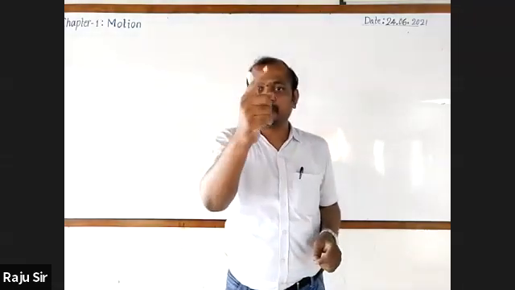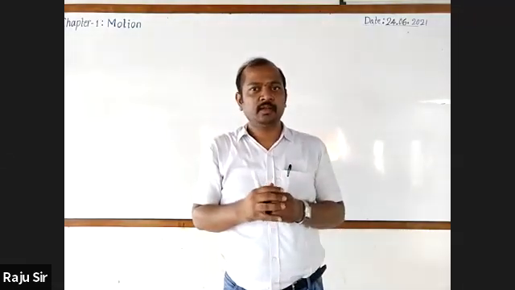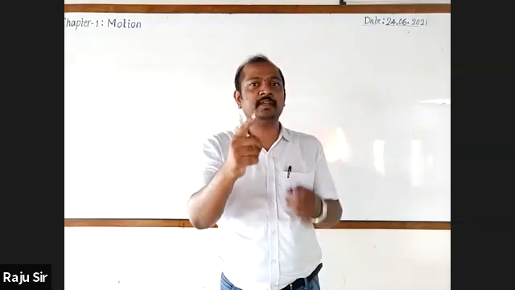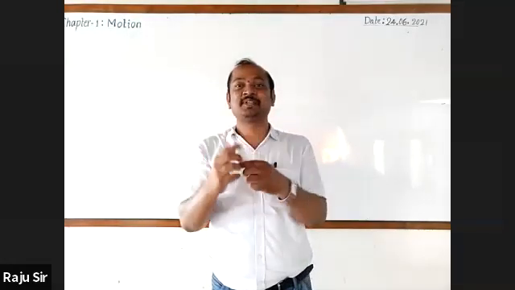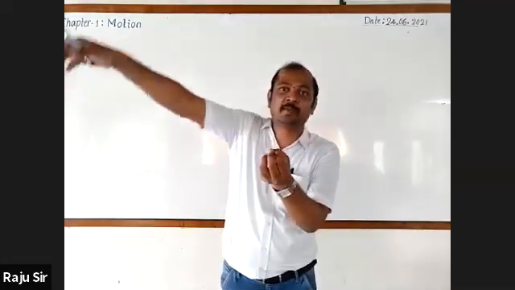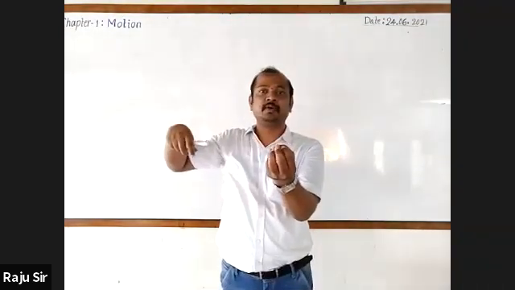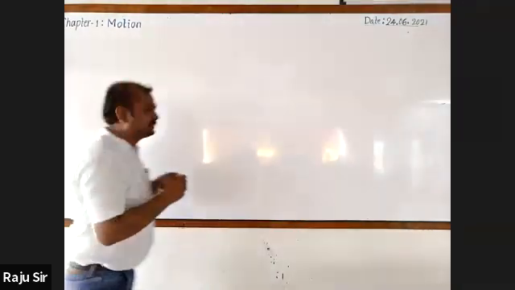Then observe the stone. Could you tell what type of motion is experienced by the stone? Uniform circular motion. Very good. Circular motion, not rotatory motion. It is circular motion. It starts moving in a circular path around a fixed point. Here, just observe.